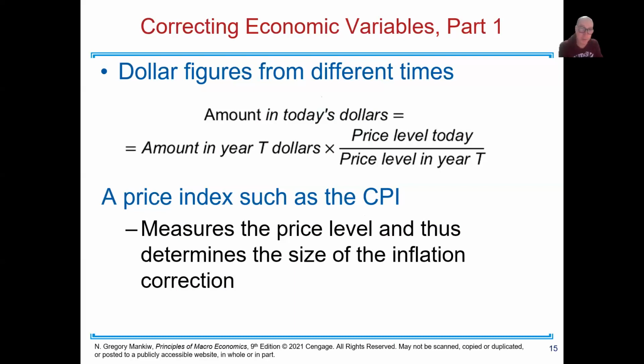And of course, when we look at the price index in relation to the consumer price index, we look at this as a measure of the price levels, which of course determines the size of the inflation correction. These measures really help to control inflation.